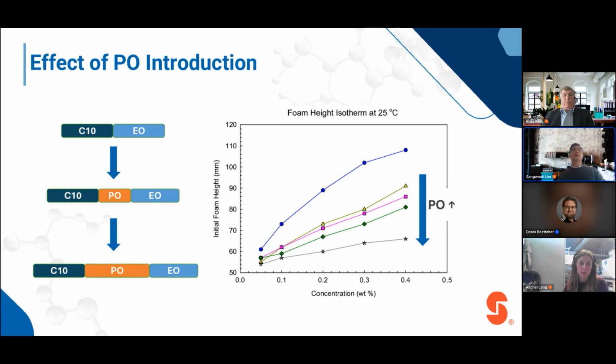So the thing is, some applications we actually want to use more foam. If you want to emulsify your active material in your formulation, or get a microemulsion formulation with the surfactant, you have to use a good amount of surfactant to do that. So there's an inevitable situation where we have to use more surfactant. Therefore, you have to consider the foamability.